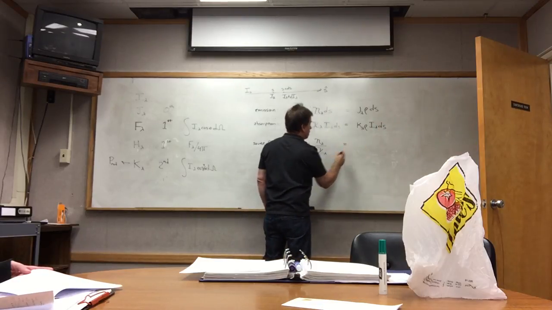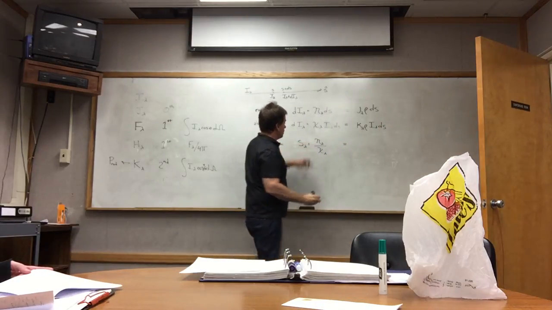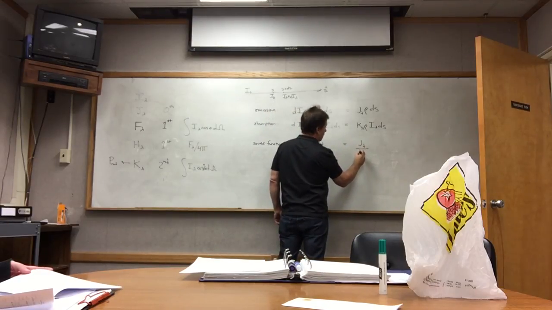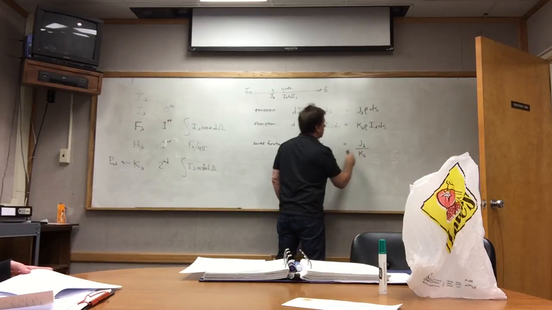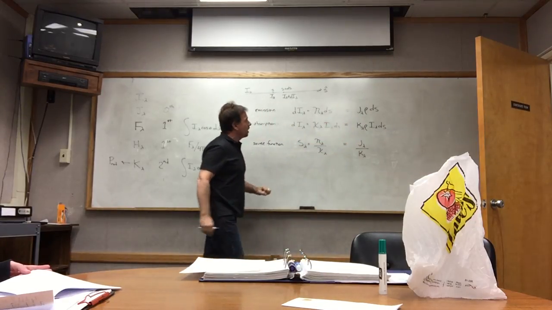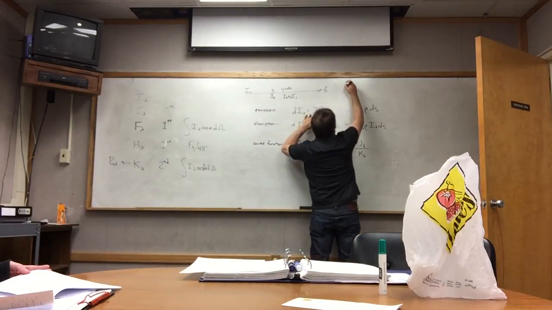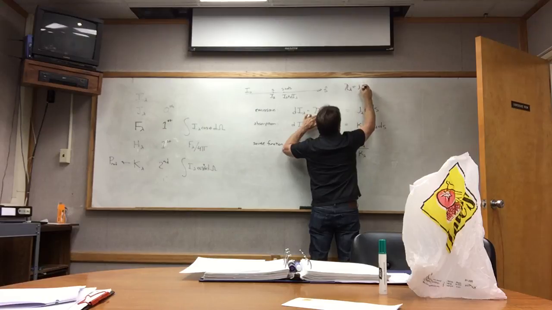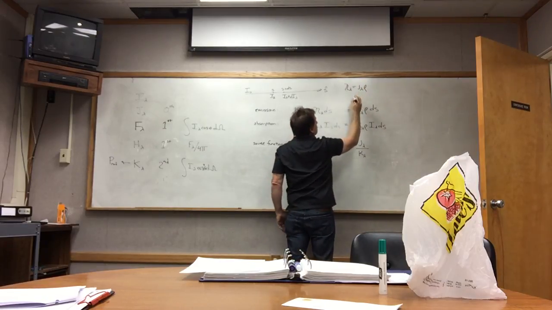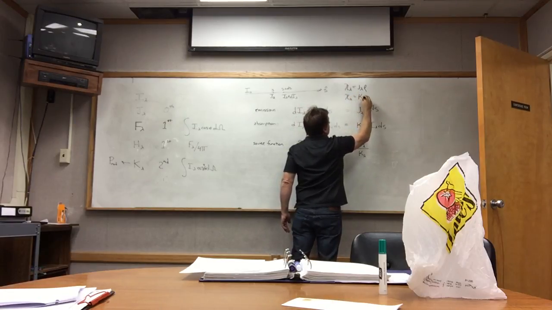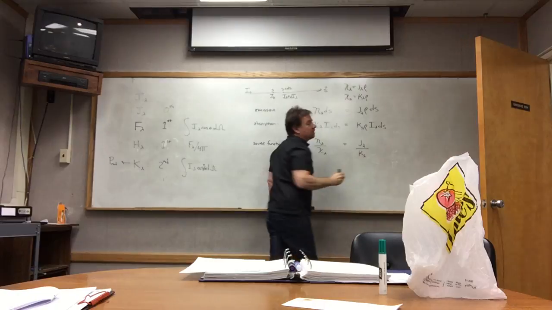The source function is then equal to j lambda over kappa lambda, because the rho's cancel out. So the emission coefficient is the emission per unit mass times the density, and the opacity is the mass absorption coefficient times the density.